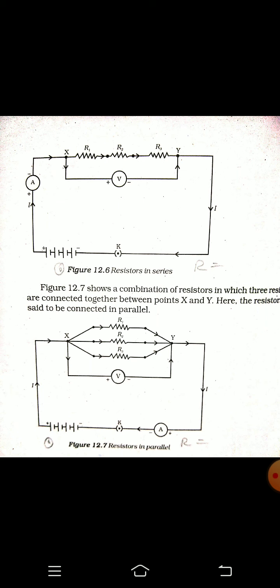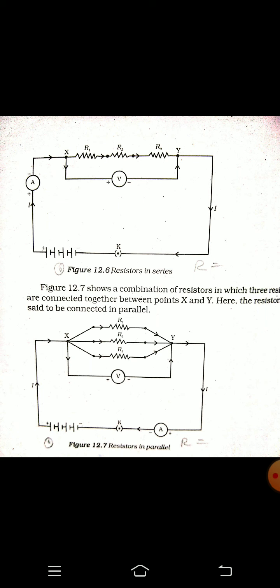Also, there is a voltmeter. Now, you see in the figure, the voltmeter is connected in parallel. So, this figure you have to remember. It shows resistors in series. Okay, so this way we can say it is a series combination of resistors. It is very much easy.